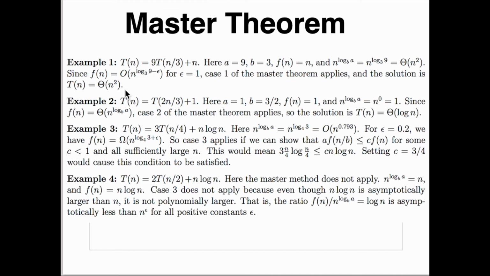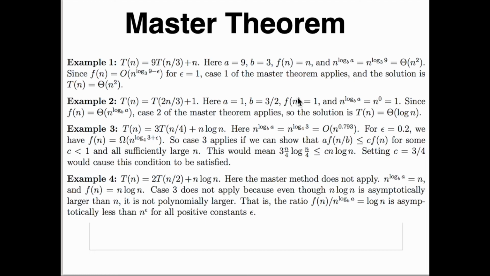For the second example, we have 1 na A, and we have 3 over 2 as B. Okay? Our f of n here is a constant equal to 1. So we're comparing 1 and the evaluation of this form. And this is equivalent also to 1.